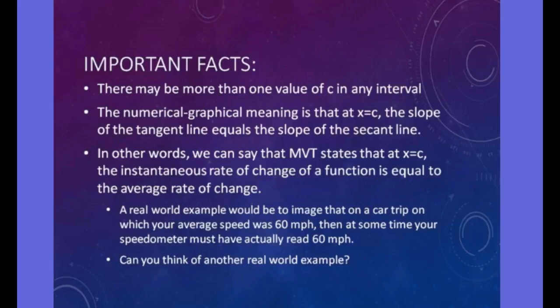There doesn't have to be, but there can be. The numerical graphical meaning is that x equals c represents the slope of the tangent line equaling the slope of the secant line for both theorems. You just represent them in different ways.